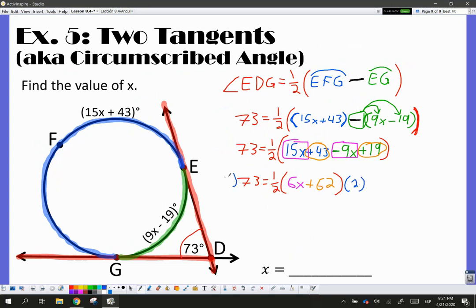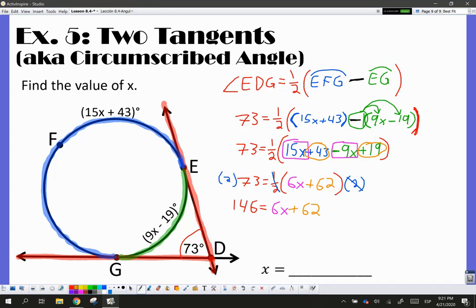Which means I need to multiply both sides by 2. So the 1/2 and the 2 out here cancel out. Then I have 2 times 73, which gives me 146. And here, since the 2 and the 1/2 canceled out, I'm just left with 6x plus 62.